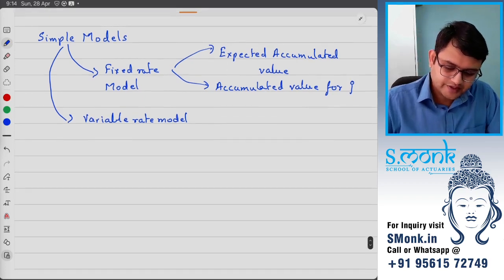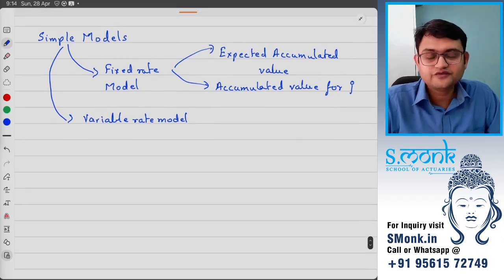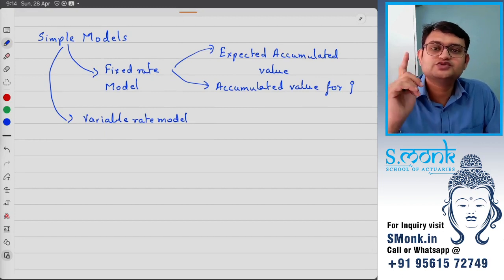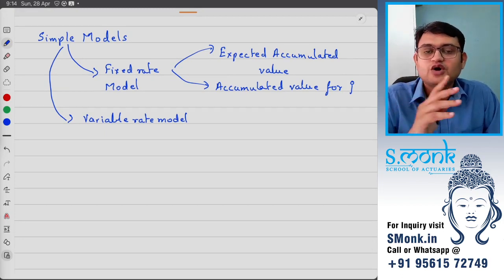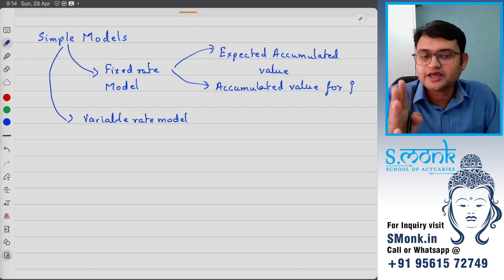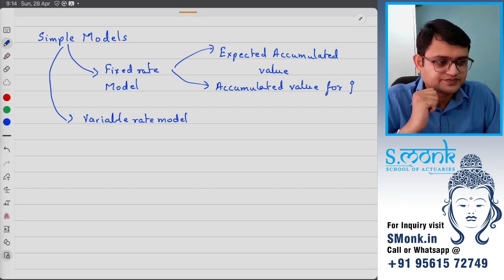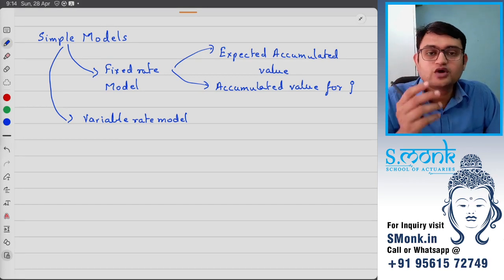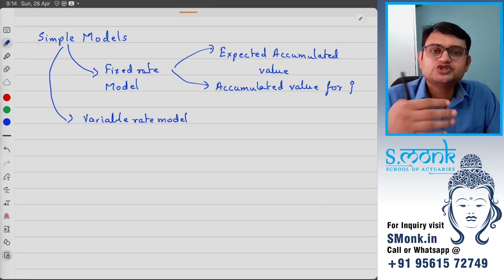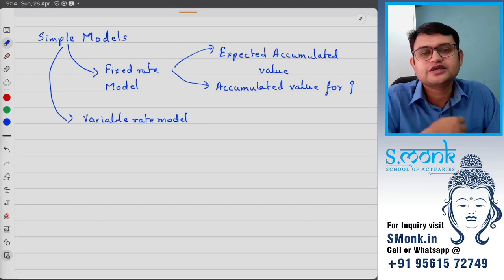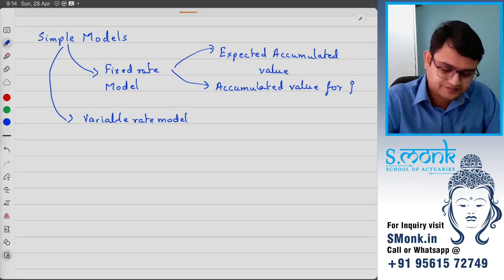Now what's a variable rate model? In fixed rate model, we said once we fix the rate of interest for the complete time period n, the rate of interest did not change. But when we talk about variable rate model, each year the rate of interest will keep on changing.